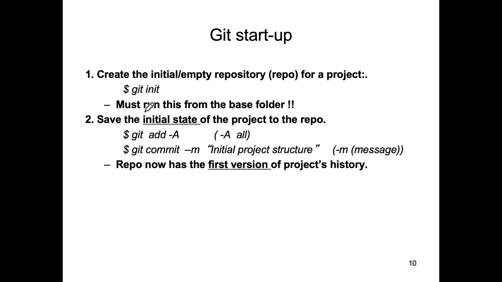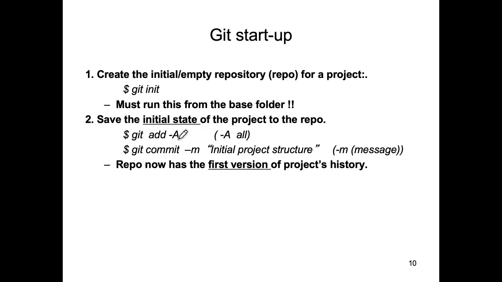And then to actually make an initial copy of your working area and put it into the repository, there's two commands that you have to submit. There's the git add command and the git commit command. We'll distinguish between these two commands a little bit later on, but there are two commands.